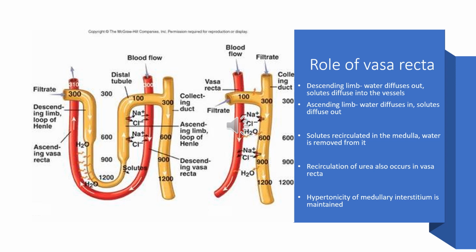We can see that the water that is removed from the descending limb of loop of Henle is taken back by the ascending limb of vasa recta, is carried away by the ascending limb of vasa recta. Water that is diffused from the descending limb of vasa recta as well as the water that is diffusing out of the descending limb of loop of Henle, both are carried away by the ascending limb of vasa recta.